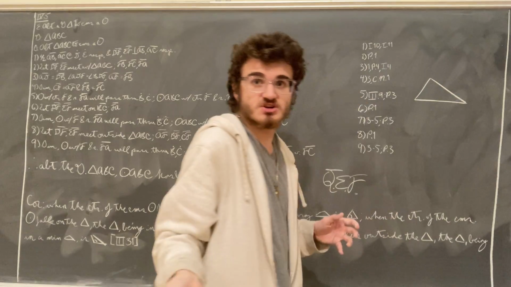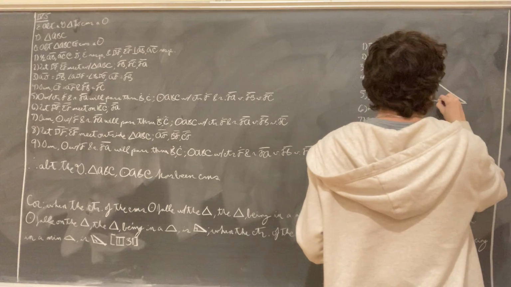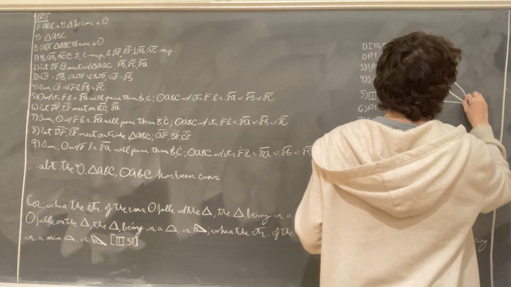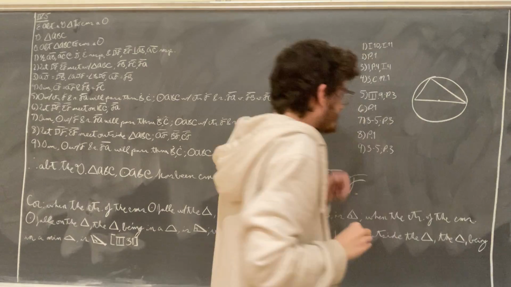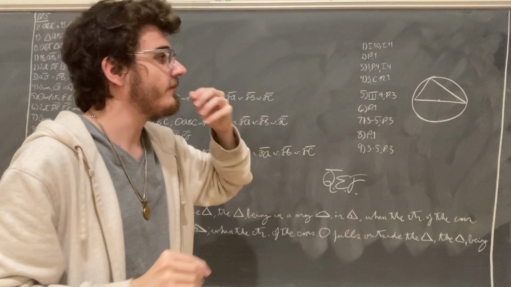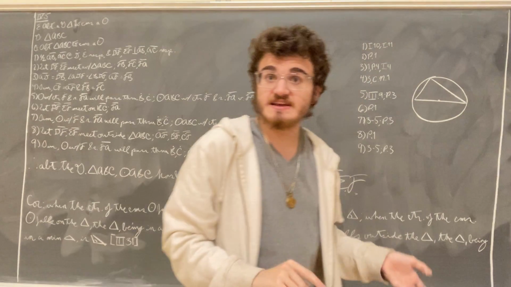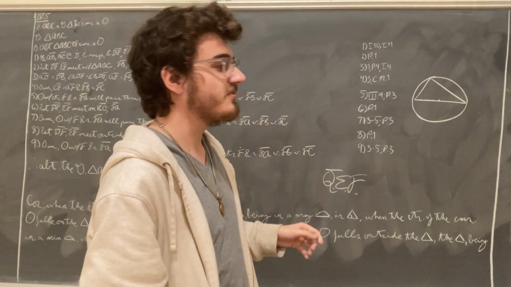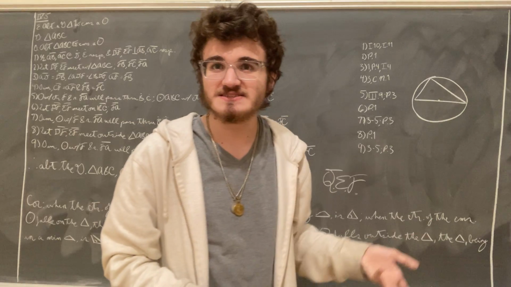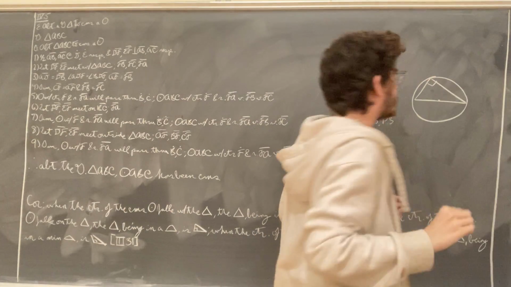Now, if the center of the circumcircle actually falls on the triangle, like so, if the center is right here, let's say, then we'll make that circle. If the center of the circumcircle is on the triangle, then this straight line here is evidently a diameter of the circumcircle, which means that this segment right here, which the triangle inhabits, is a semicircle, which means that this angle right here is a right angle.